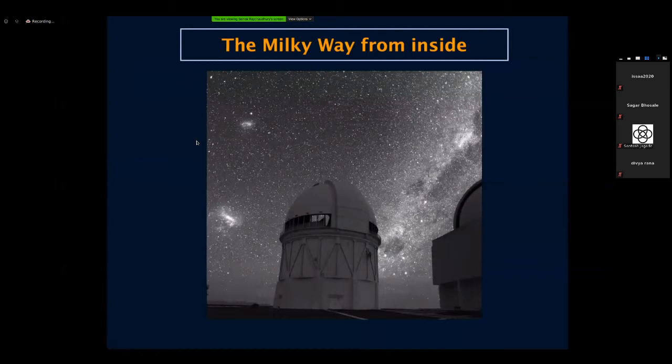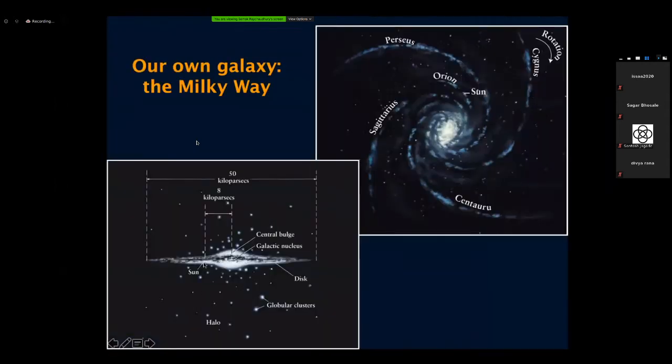The seeing here is always less than a second of arc. It often goes down to 0.2, 0.3 of a second of arc. Anywhere in the Southern Hemisphere, particularly from very nice and dark sites like in the middle of a desert like this, you can see the Milky Way in full glory. What you're seeing here is that you're looking from the sun in that direction.